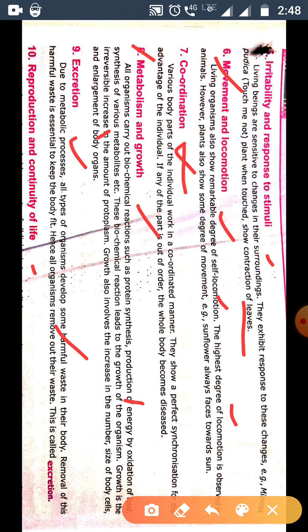This is not found in non-living objects. This character is found only in living beings, whereas many creatures are multicellular organisms.